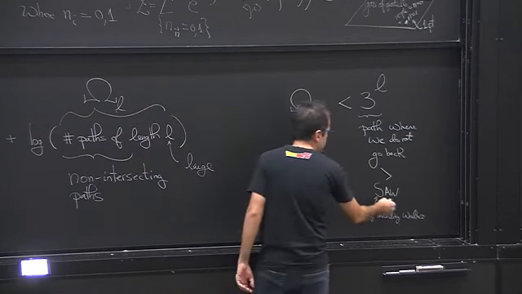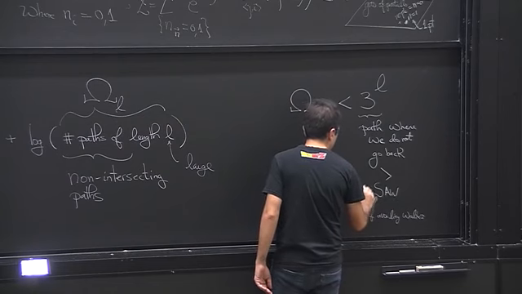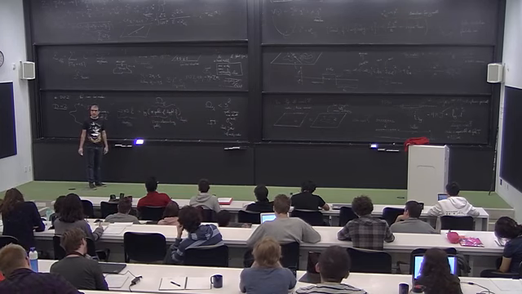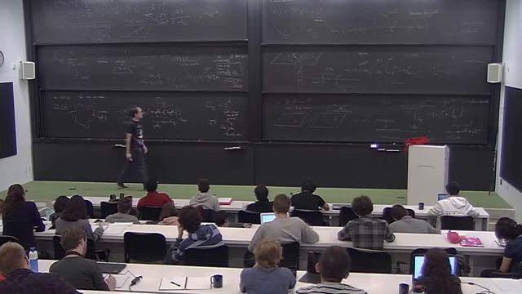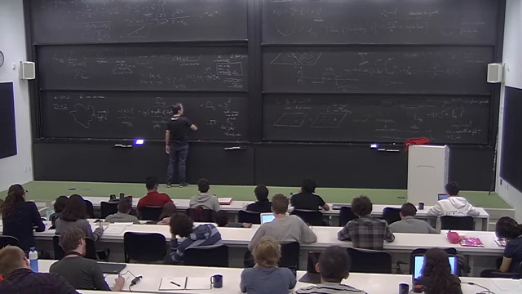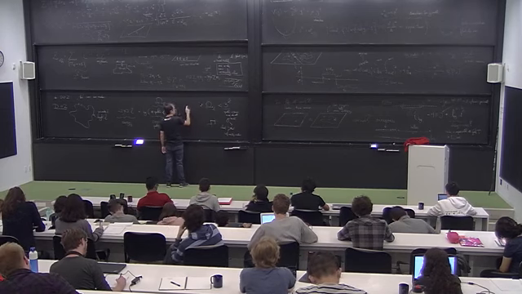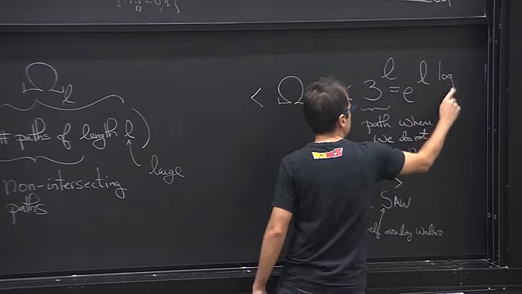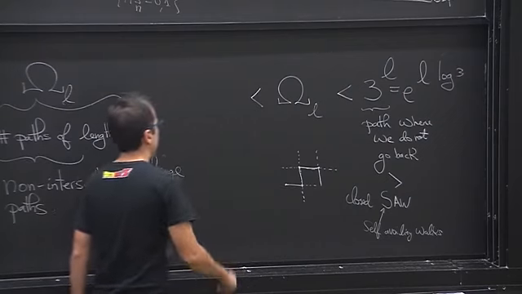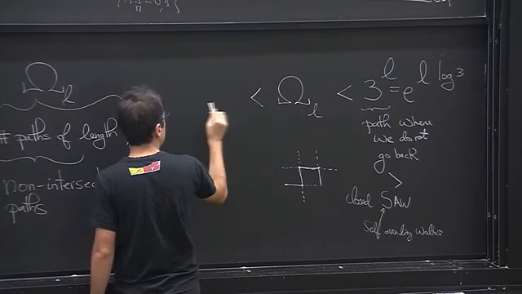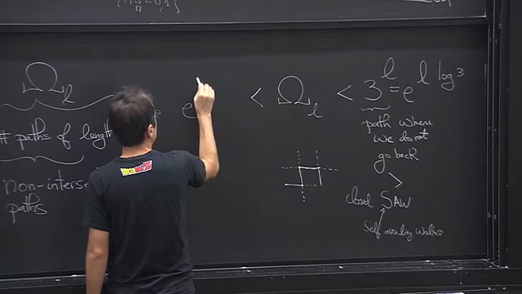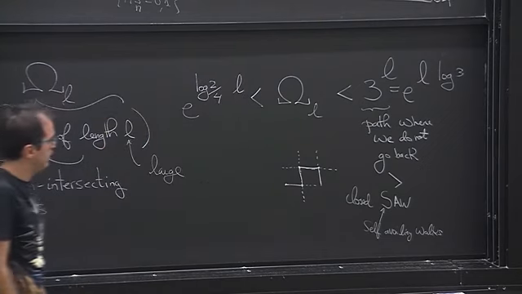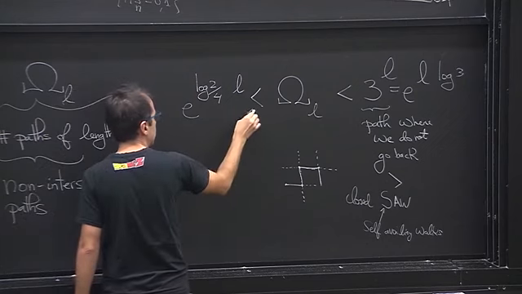And furthermore, they even have to be closed. So definitely this is a bound. So this is e to the L times log 3. But on the other hand, this is much bigger than e to the log 2 over 4 times L. That's what we are going to see next.